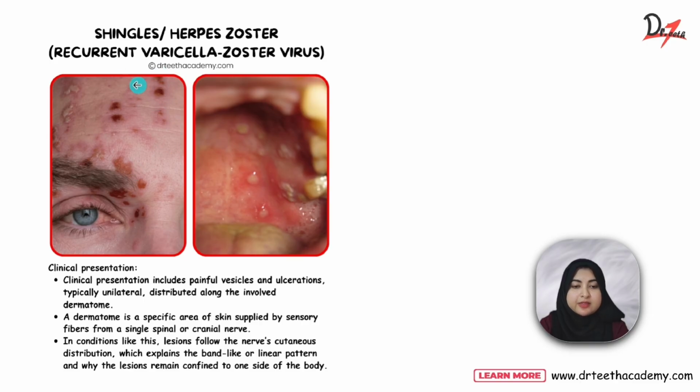We say that a specific dermatome is affected. The clinical presentation of herpes zoster or shingles is painful vesicles and ulceration, typically unilateral. It is a very important feature of it, unilateral, distributed along the involved dermatome. This also does not match the warty appearance. So this is also not the right answer.